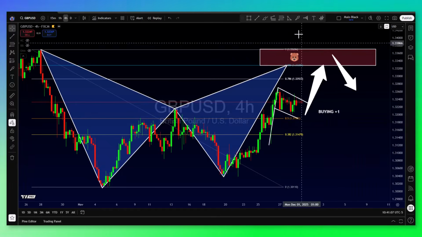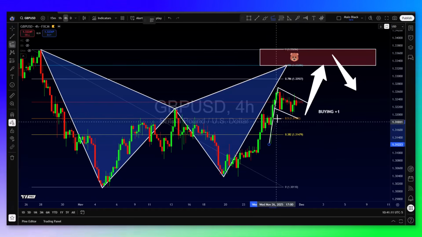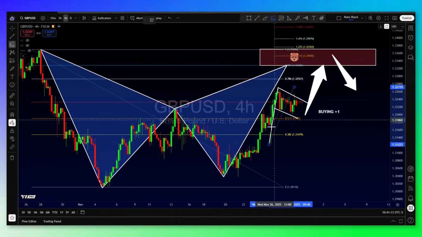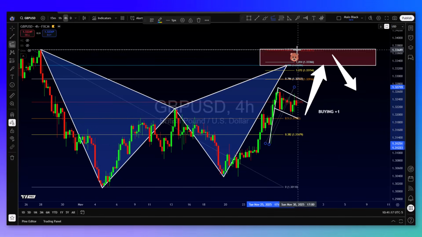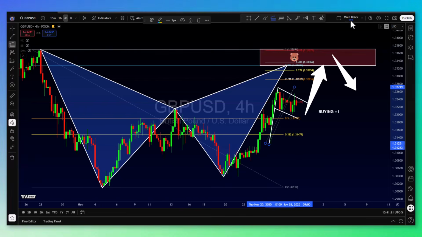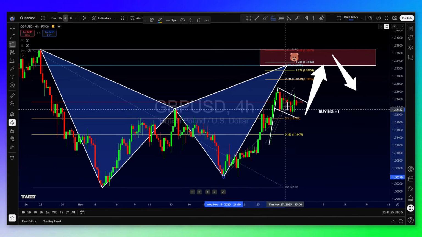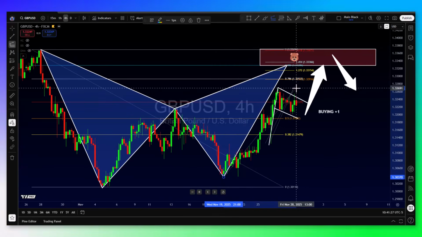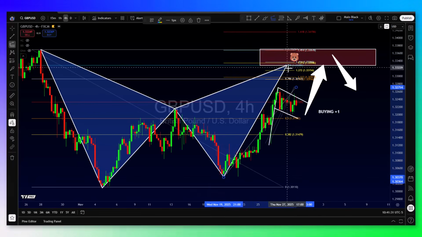Now, real quick, what's interesting here is that if you were to look at Fibonacci-based patterns for the flag pattern, Fibonacci extension from our flagpole, swing low to swing high and back up, you're going to see that we have a 1618 Fibonacci extension at the top of our pattern or advanced pattern zone. Or if we took a Fibonacci extension from the swing low here, the C leg, up into our most recent high here and back down, we're going to have a 127 at pretty much the bat pattern completion.